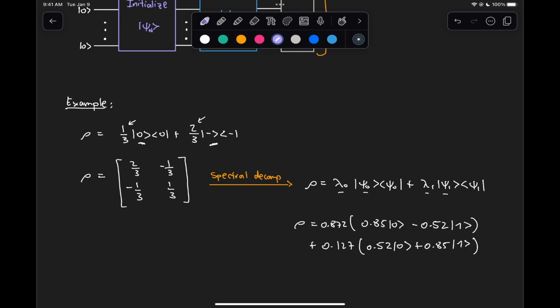So here, this is our lambda 0, this is our lambda 1, and this is our psi 0, and this is our psi 1. What we're missing here to complete the density matrix will be the complex conjugate of psi 0 here and the complex conjugate of psi 1 here, right? So that will complete that matrix.